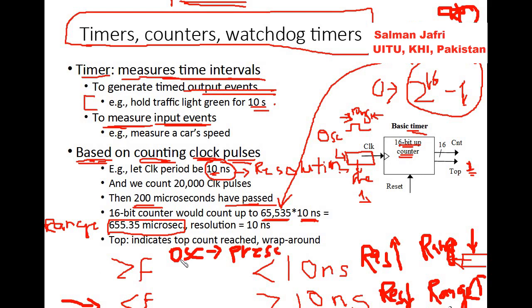So for example, if our frequency was 2 megahertz to begin with, and we have a prescaler of 2, so we are dividing this frequency by 2, so the output would be 1 megahertz frequency. That is basically the whole idea.